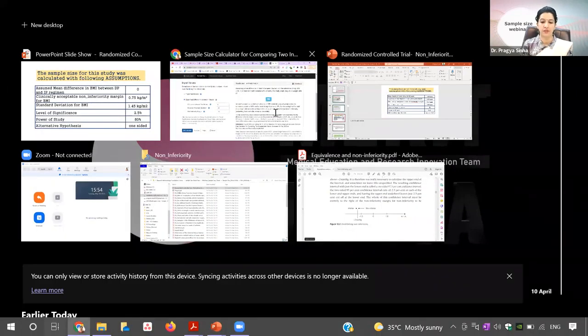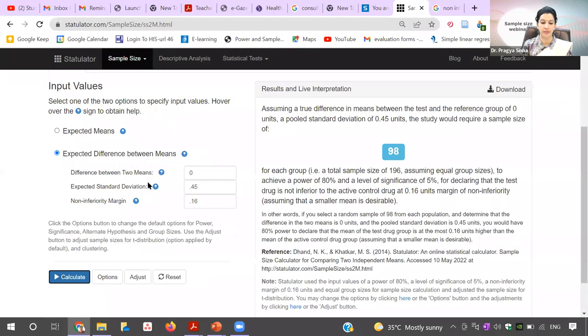So let's go to the Statulator. We'll use the same continuous data. So the difference will be 0. This is the standard deviation, 1.45, and this non-inferiority margin is 0.75. So I will set it as 0.75.